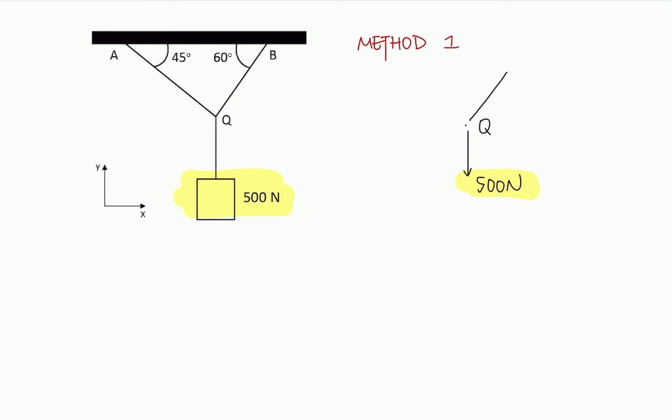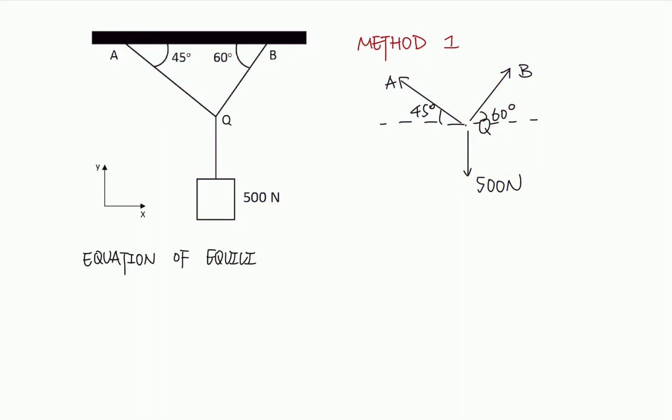The second will be the tension along BQ. And the last one will be the tension along AQ. Here is the equation of equilibrium that we want established in this problem.